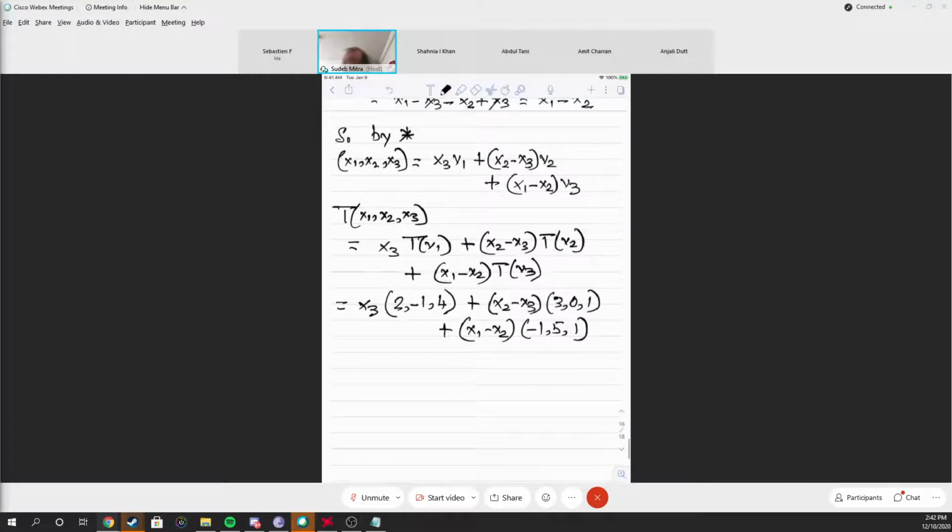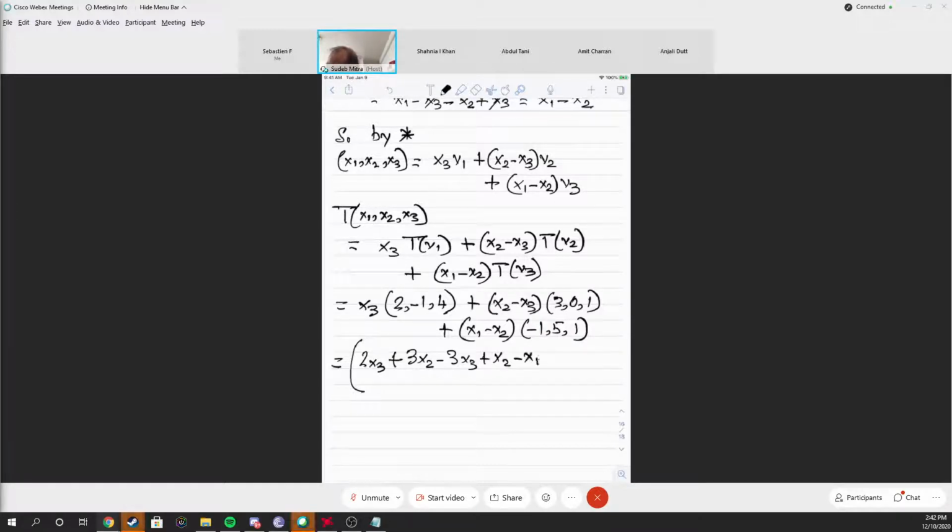Okay, so what does that give you? Take the three coordinates separately, right? 2x3 plus 3 times x2 minus x3 plus minus 1 times x1 minus x2, like this. So plus x2 minus x1.